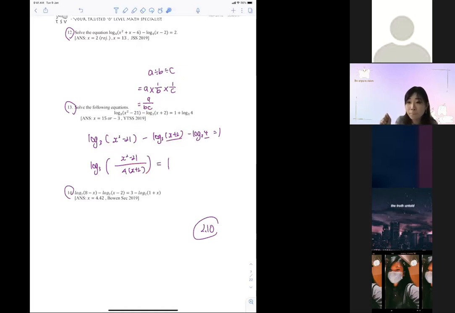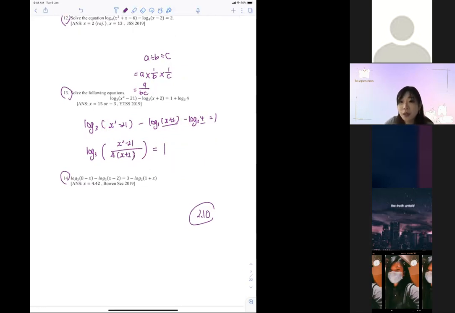Teacher, can you write the second line for me? This one? No, second one. Your bracket, the denominator. This one? Oh, 4x plus 2. Okay, I saw from there. Okay, good.